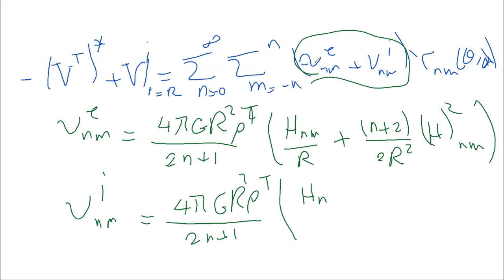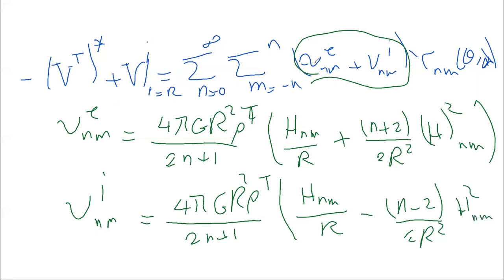It was J_nm R again. It was minus n minus 2, and if I'm not mistaken, 2R squared H_nm squared. But I have considered here only one term. It's only up to the second term.